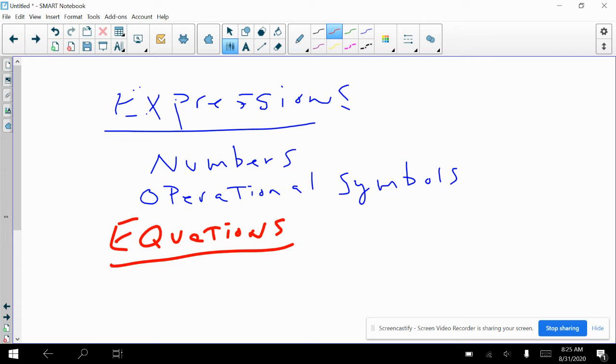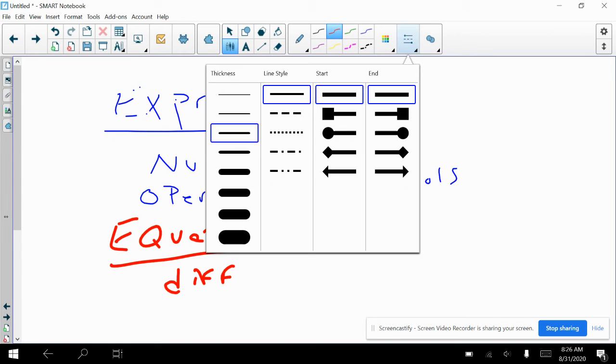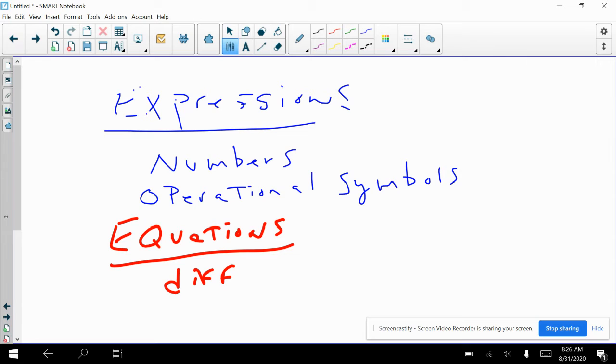Equations have the same thing as expressions, but the difference is they have an equal sign.